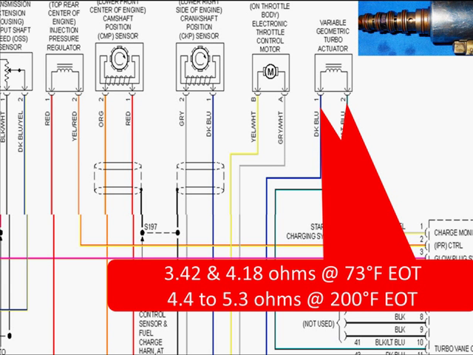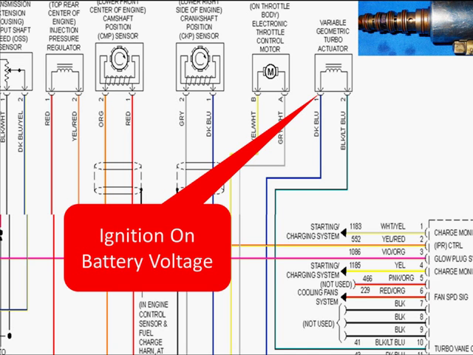Starting first of all, we can use ohmmeters. At 73 degrees, we should have 3.42 to 4.18 ohms. If it's hot, it should be 4.4 to 5.3 if you want to test it with the engine oil temperature high. That's part of the picture. The other part of the picture is we've got to get power and duty cycle control. This is our duty cycle control on pin 1.